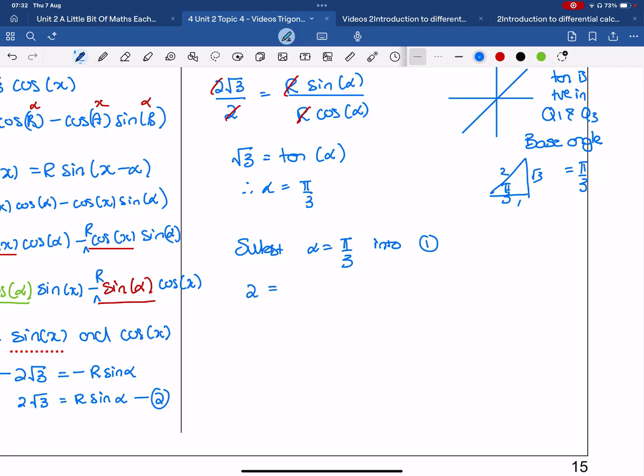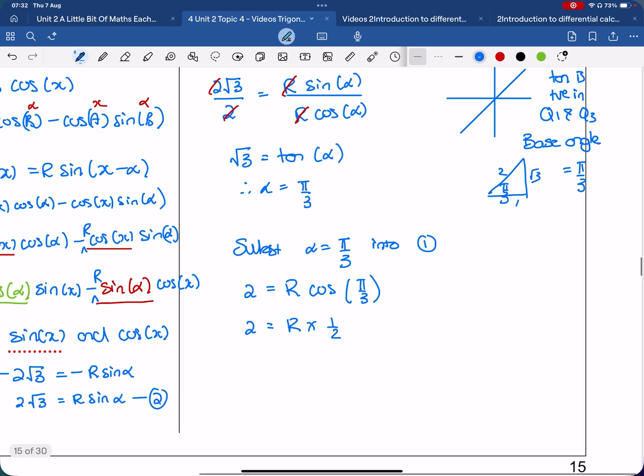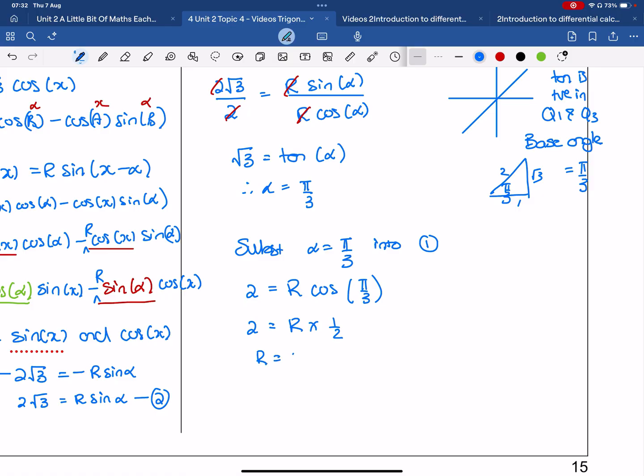So 2 is r cos of pi on 3, and cos of pi on 3 is a half, so 2 is equal to r times a half, and I can solve for r.